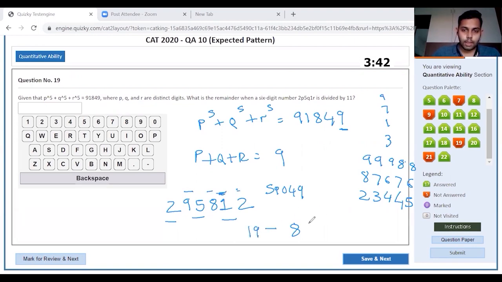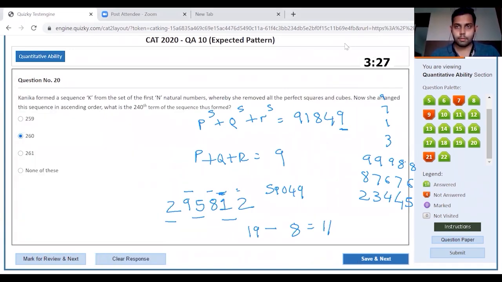Right? 19 minus 8 is 11, and 11 is absolutely divisible by 11. So our remainder is 0. Done.